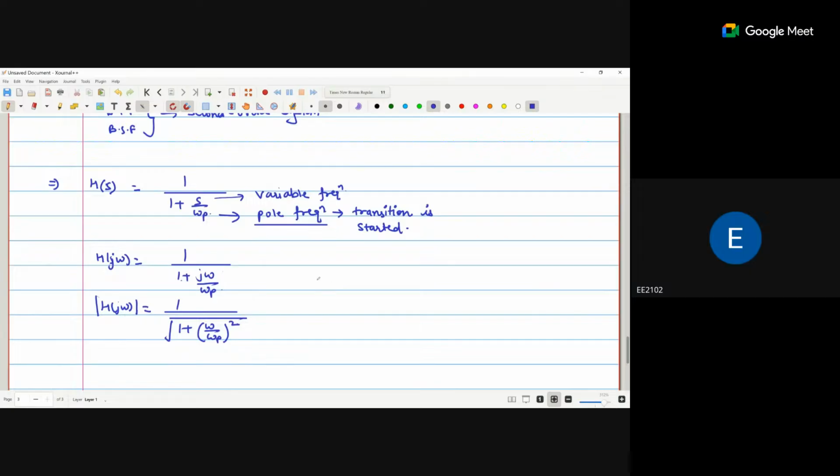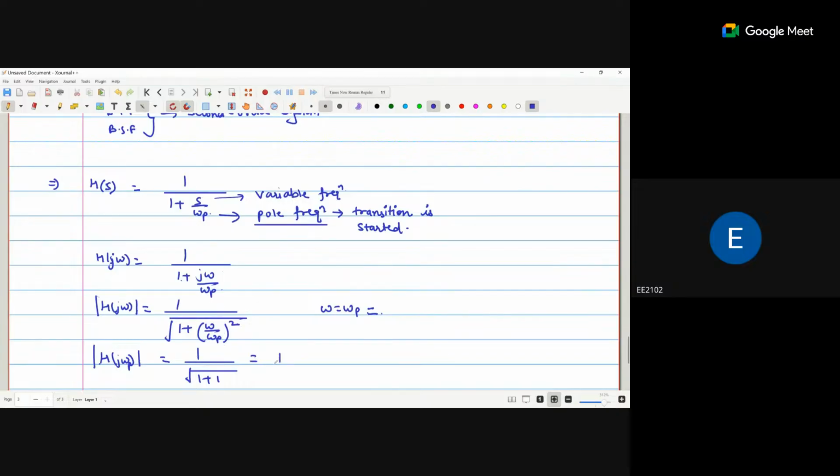Now if omega is equal to omega p, H of j omega p is 1 upon root 1 plus 1 squared, since both cancel out, so 1 plus 1 is 2.